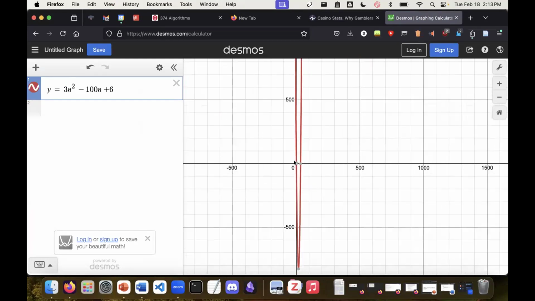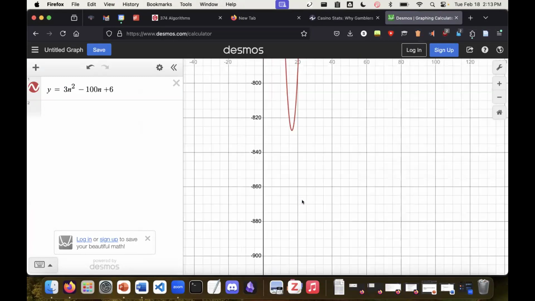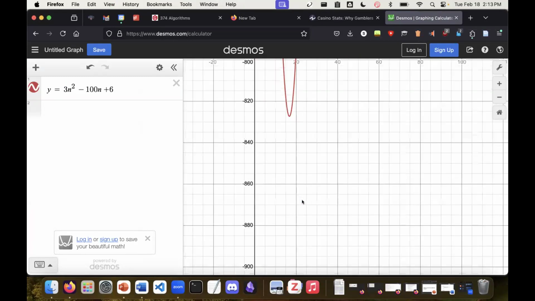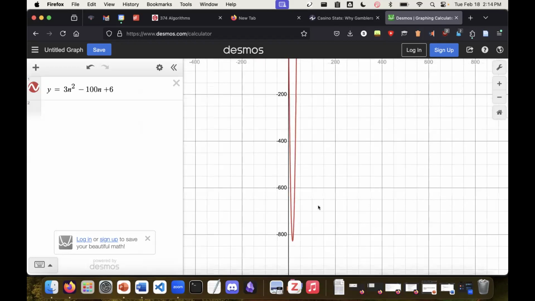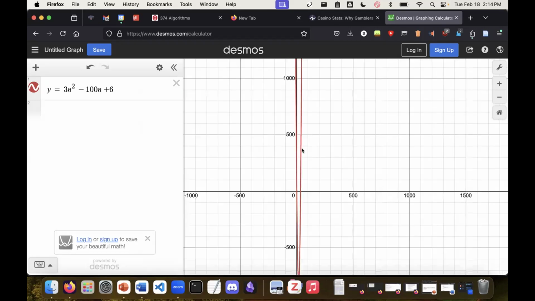And so you'll see it's one of those functions where we moved down a bunch. So the bottom of the parabola is down at 16 and negative 827. We don't really care about that. What we do care about is the things that are above 0. So we're looking at this part.